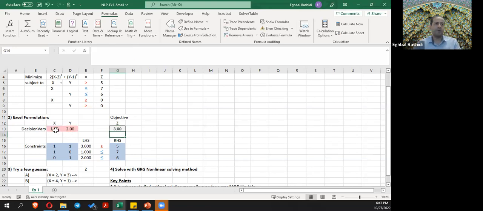So this seems to be correct. And that's actually 1 minus 2, that's 1 squared, that's 1. 2 multiplied by 1, that's 1. And 2 minus 1 is 1, squared is 1 still. So that will be 2 plus 1, which is 3. So this is correct.